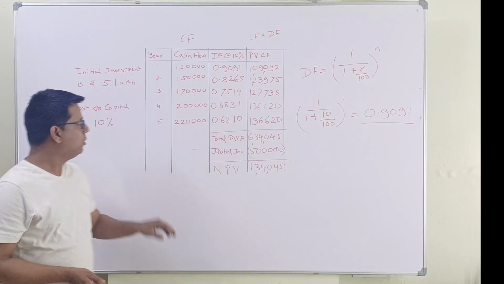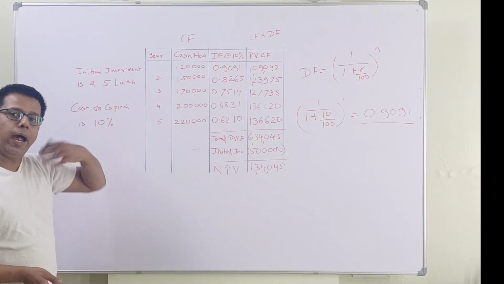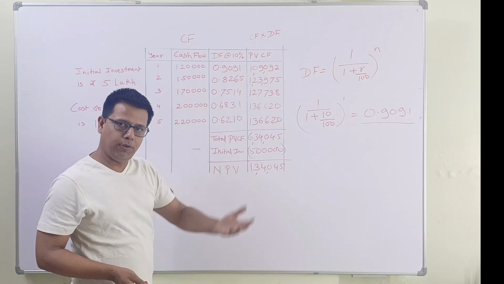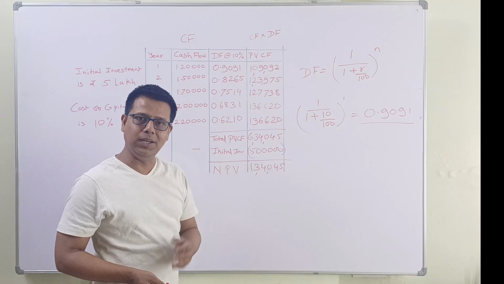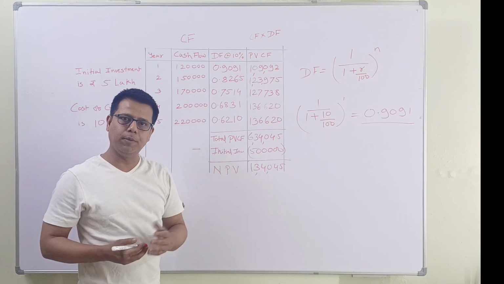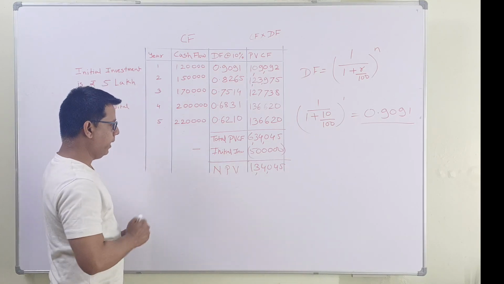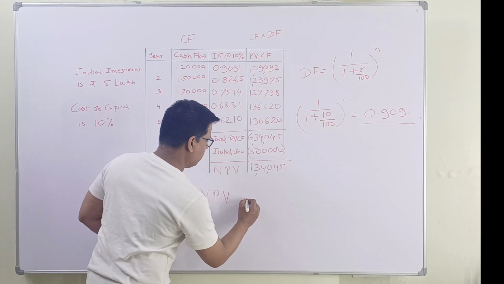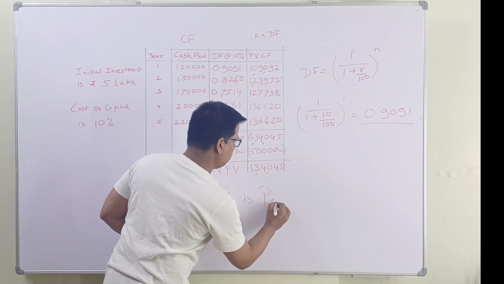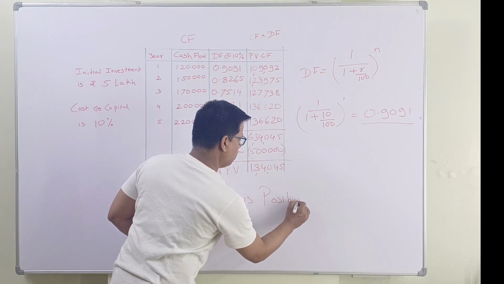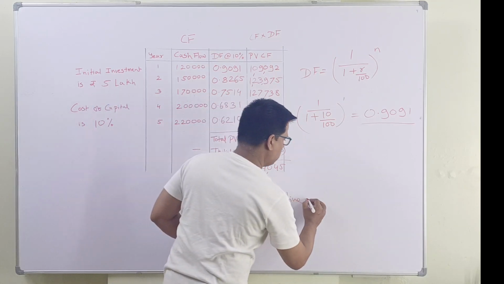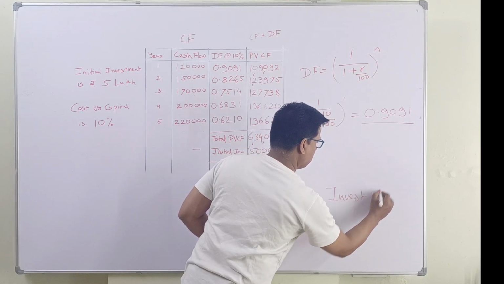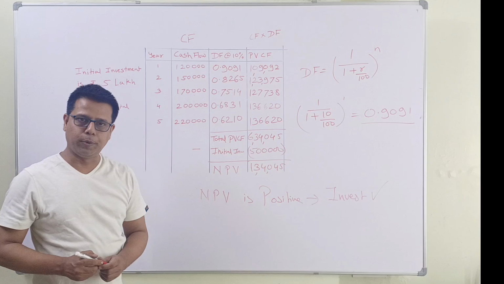Now since we know the net present value of the investment is 1,34,045, that means we have invested 5 lakh and we have earned 1,34,045 rupees over and above the initial investment. That means we are earning profit. So whenever NPV is positive, we invest in the project.